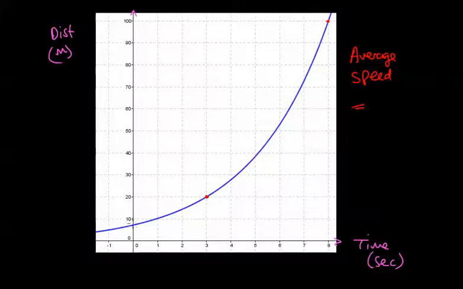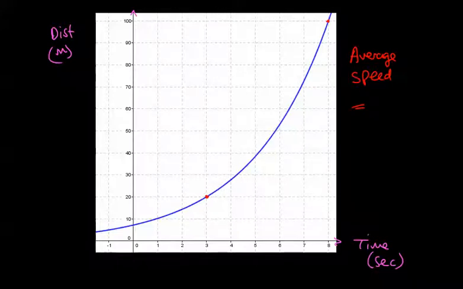So we're not concentrating on time 0, we're just saying forget about that. When you spot the object 3 seconds later from where it left off, and 8 seconds later, what's its average speed between those 2 points? Now if we want to do that, because this graph is curved, we can't really work out the gradient somewhere in between.